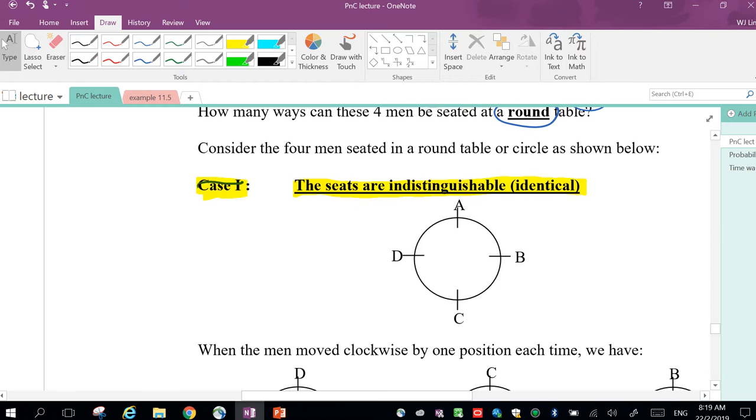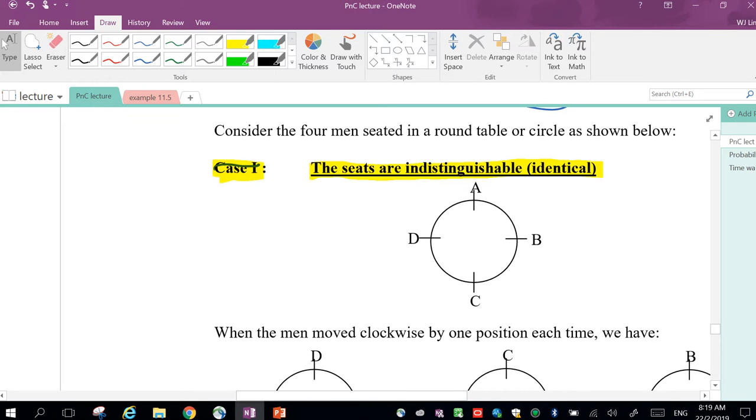Now the seats are identical, so let's consider, I'm going to draw them out. Round table, A, B, C, D, clockwise. Clear?